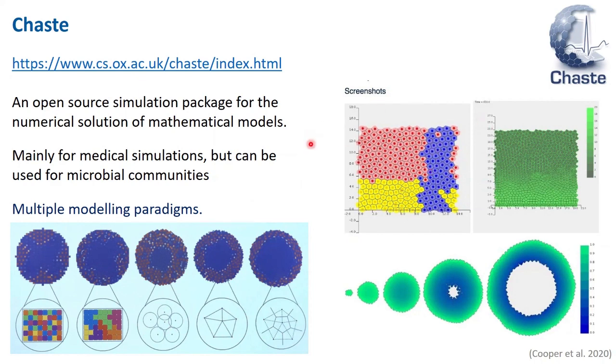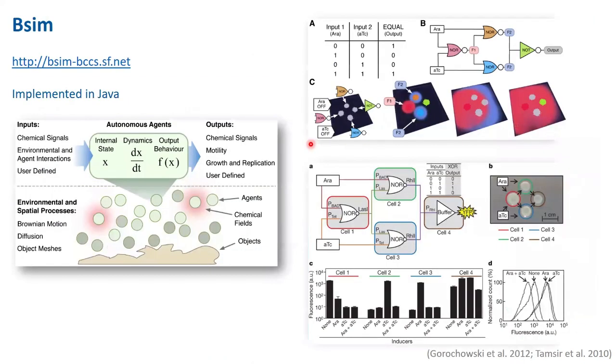Here you can simulate cell packing in a tissue, for example. This one, BASIM, is basically based on logical gates or simple rules. So based on the different resources, how it reacts, how it grows. And then you can simulate some colony growth based on these simple rules.